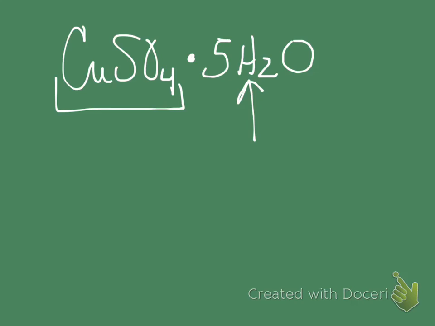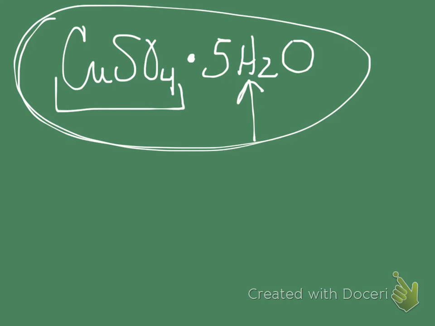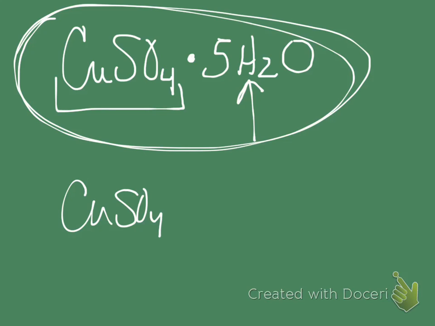So in order to find the percentage by mass that's water, you need to take the mass of this whole thing, so copper sulfate plus 5 waters, and that's your whole. And then the percentage of that would be the 5 H2Os. You're going to, in essence, treat it as though it was that.